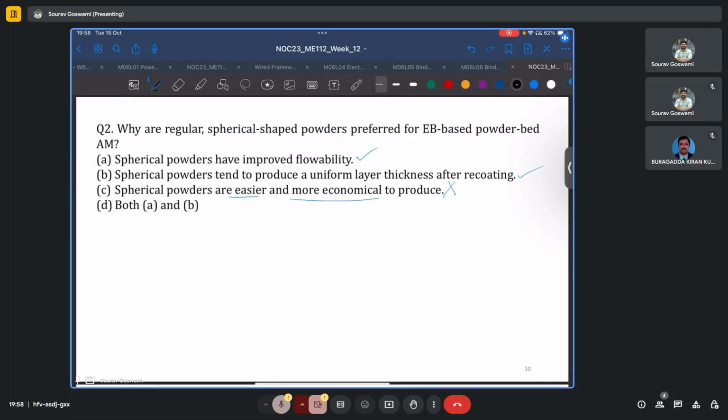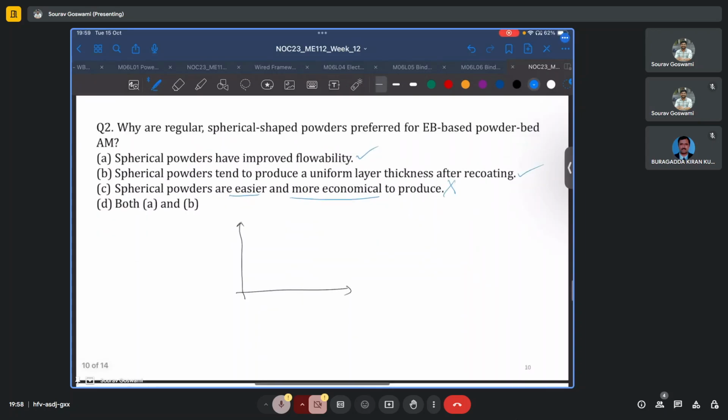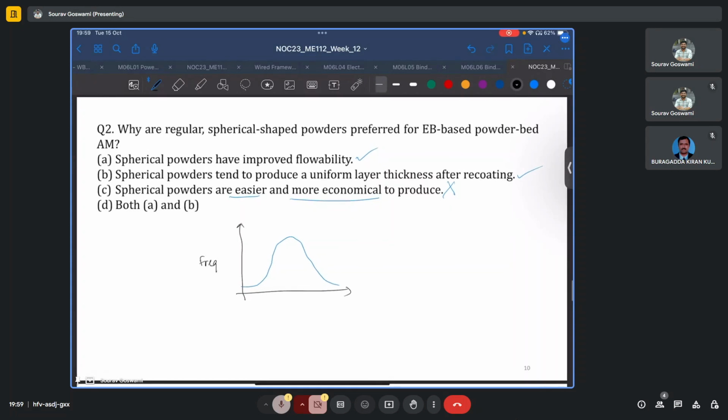And as we discussed, we never really have powders of one unique size. More often than not, they will be distributed often along a bell curve. So this can be the frequency or any similar metric, and this can be the size.